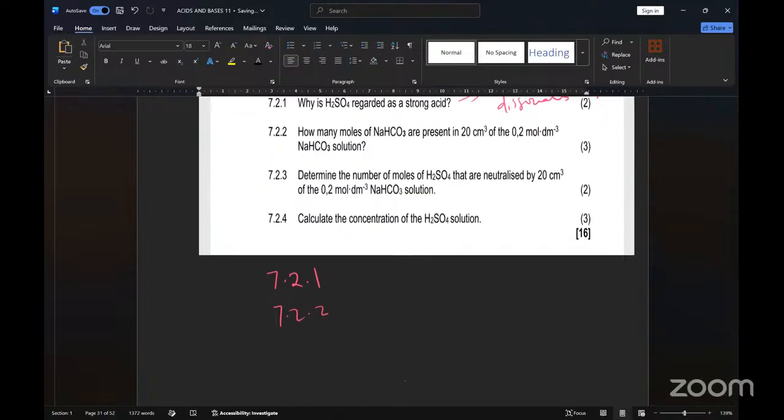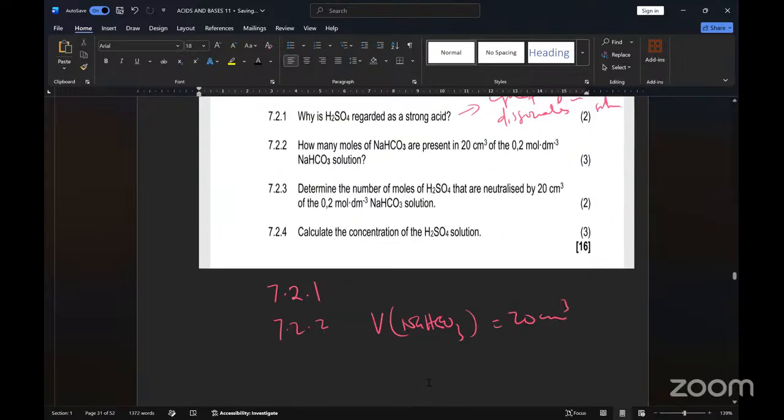So we say the sodium hydrogen carbonate in this case is the base. Sometimes learners don't know which is base, which is acid. You can just say volume of sodium hydrogen carbonate here is 20 centimeters cube.